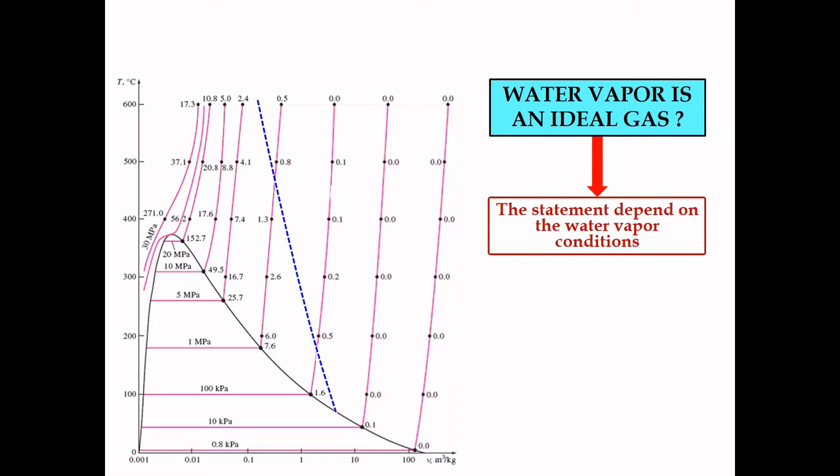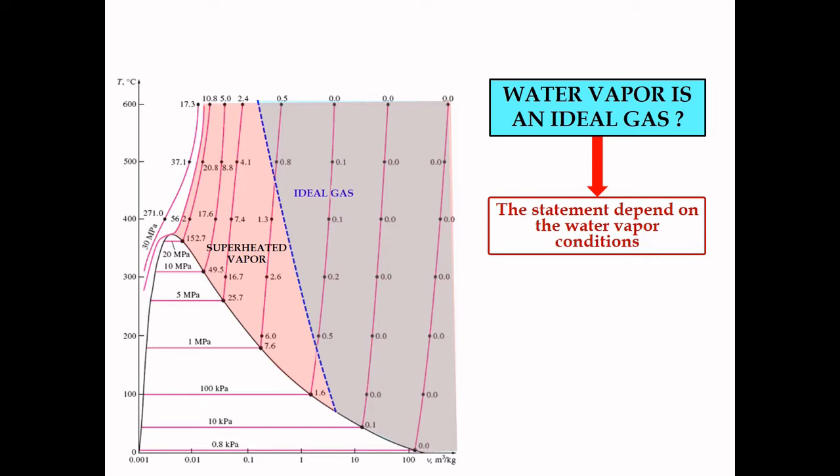We have three different regions: the compressed liquid region, the saturated mixture region, and the superheated vapor region. The red color area, as shown in this T-v diagram, represents the superheated vapor region for the water. And we have the border represented by the blue color dash line.